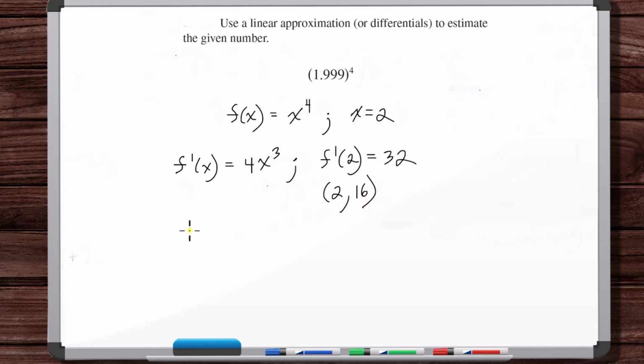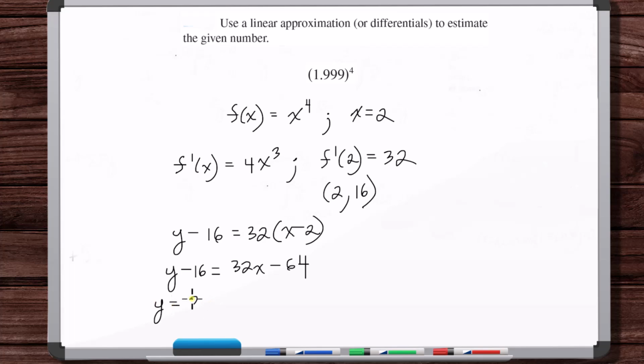So, okay, point slope. Y minus y1 is equal to m times x minus x1. Y minus 16 is equal to 32x minus 64. Y is equal to 32x minus 64 plus 16, which is 48.